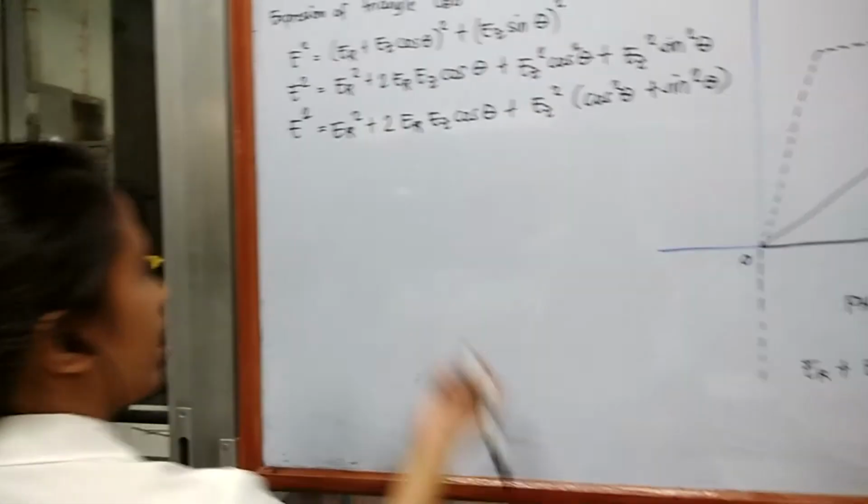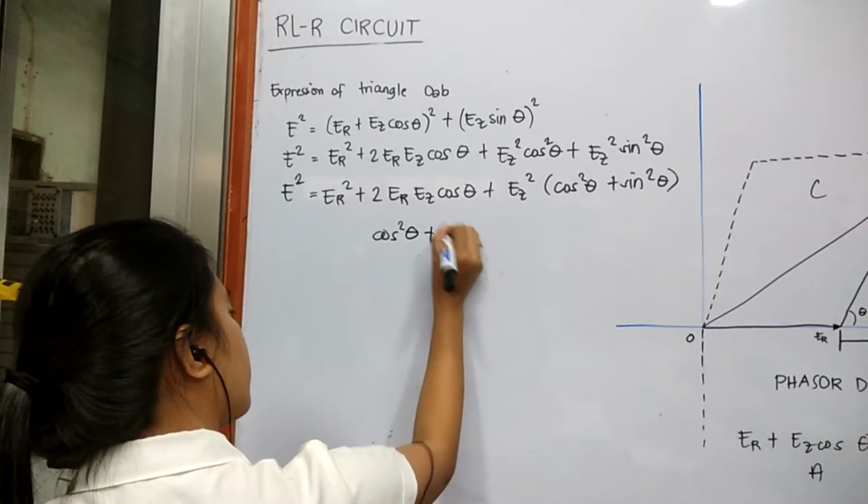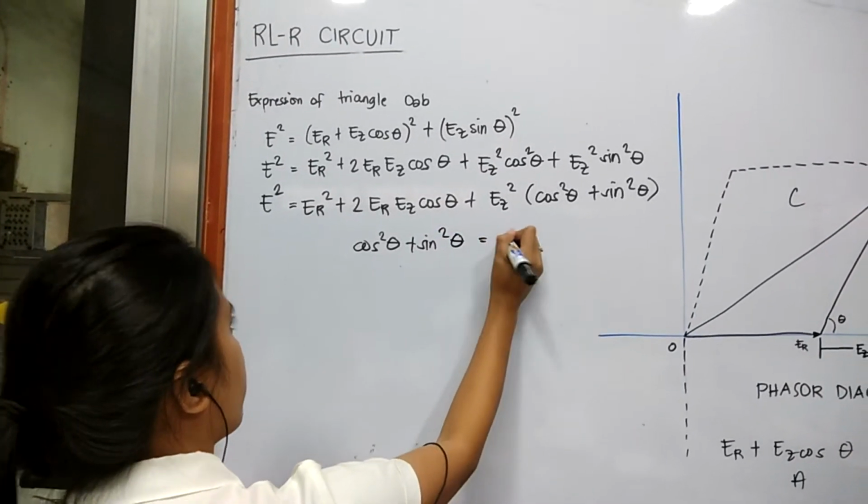So this one has an identity, cosine squared theta plus sine squared theta is equal to 1.